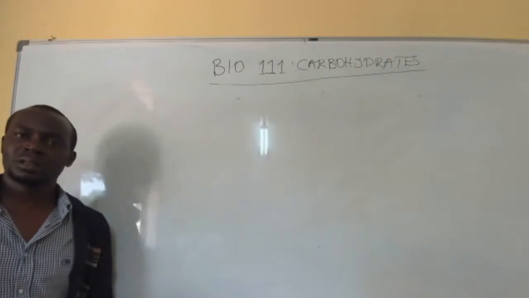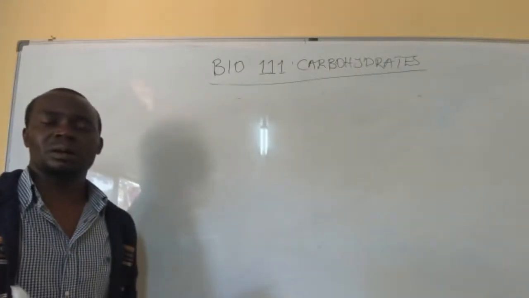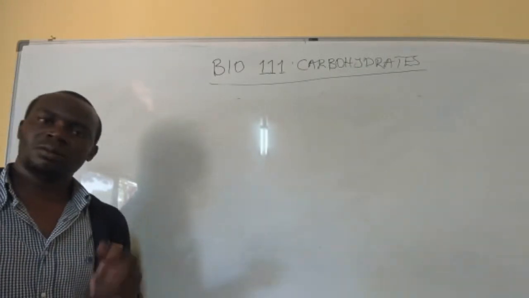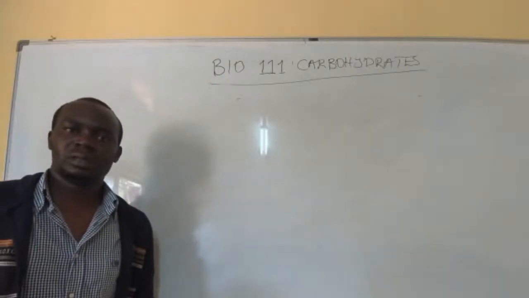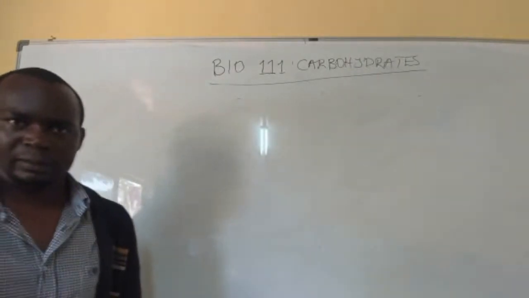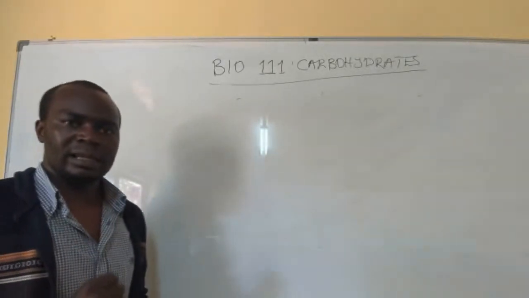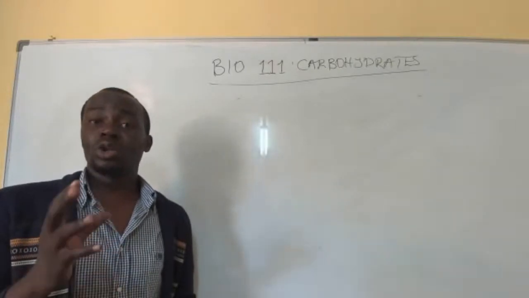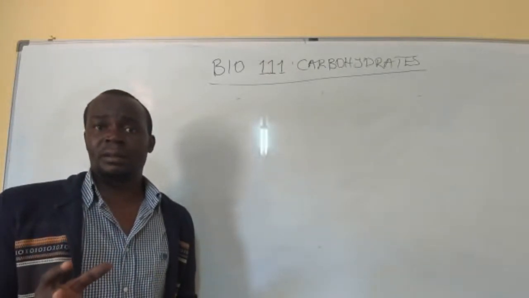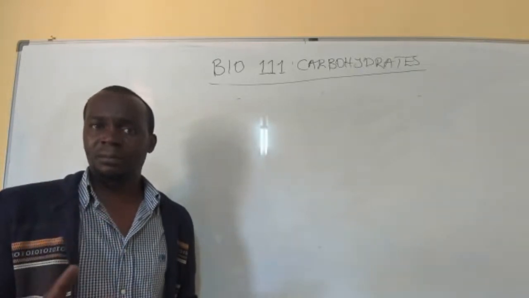So what this question is asking from you as a student is to talk about the structure of monosaccharides and the structure of disaccharides. So monosaccharides, as I said earlier, are single sugars that are usually linear and unbranched.